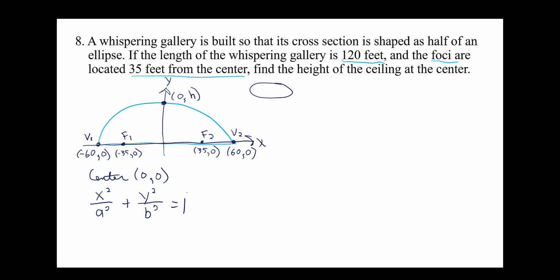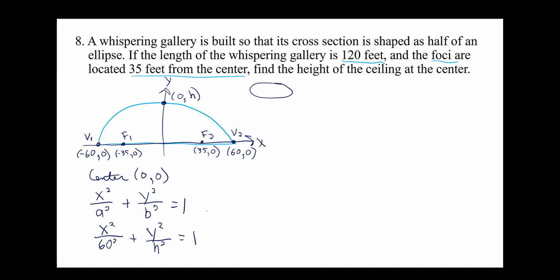And from looking at what we have going on here, we can see that a is 60. So we'd have x squared over 60 squared plus y squared over, we don't know what b is, but look, we do know that b is h, right? So let's just call b h here. So x squared over 60 squared plus y squared over h squared equals 1.